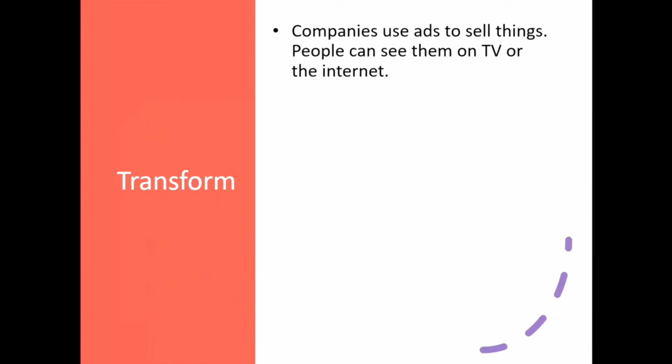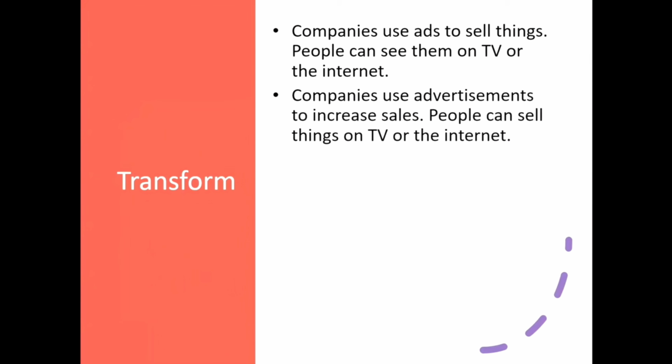So the first thing we're going to change is we'll change ads to advertisements, and we'll change sell things to increase sales. So companies use advertisements to increase sales. Sounds much better than selling things. Ads to sell things doesn't sound good. Companies use advertisements to increase sales.